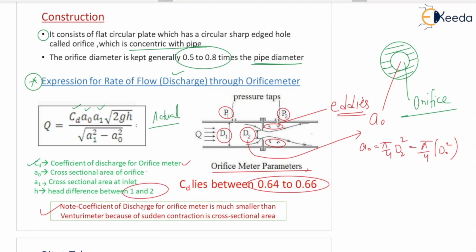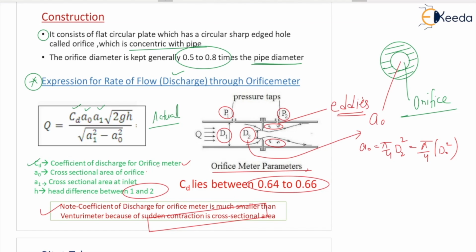The coefficient of discharge for the orifice meter is much smaller than the venturi meter because of sudden contraction in cross-section area. Because of sudden contraction, the area changes suddenly. So this comes under minor loss. Because of this one reason, the CD value is very much less compared to the venturi meter.